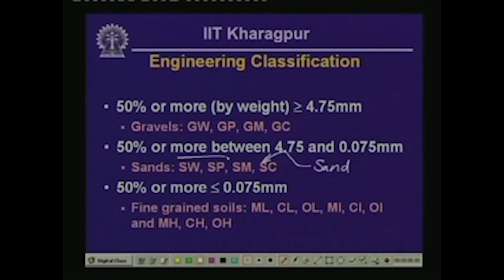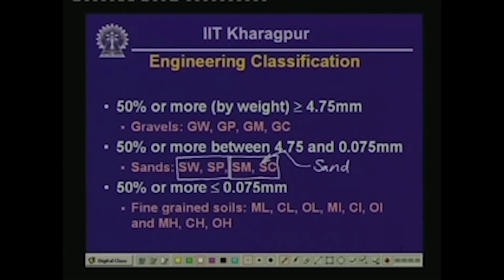So, once again SW and SP are symbols used to denote soils that have little to no fines, whereas SM and SC are used to denote soils that have a substantial amount of fine grained soils such as silt and clay size particles.